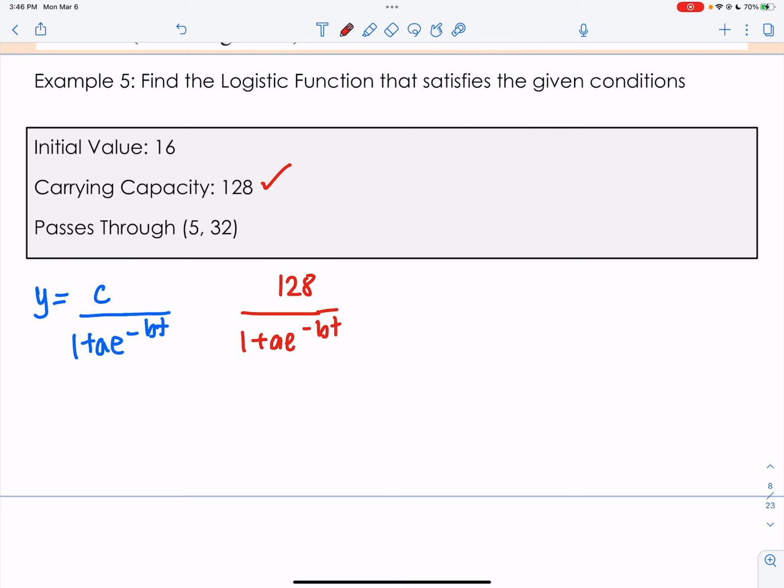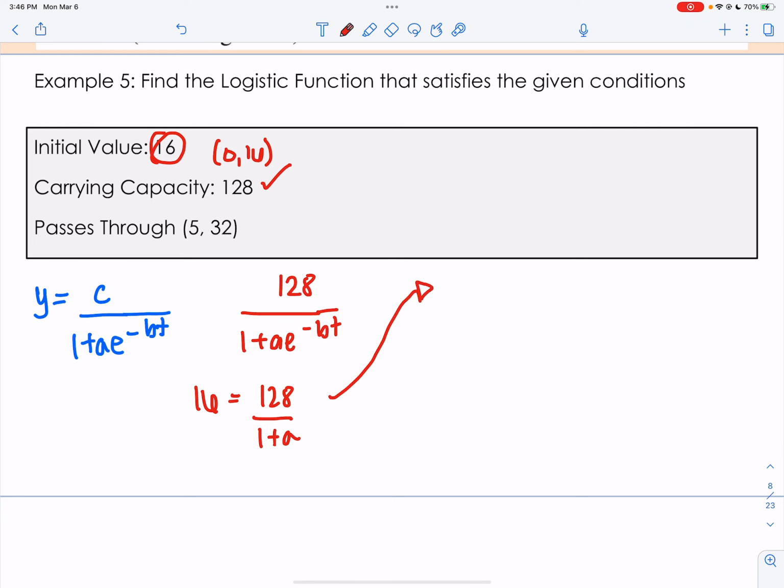So that works already. The next thing we are going to do now is find the initial value. That initial value is (0, 16). So I'm going to plug in 16 for y and then 0 for t. Well, if I plug in 0 for t, that e is going to be 1, so I'm only left with 128 over 1 plus a. Once again, I am going to flip-flop the 16 and the 1 plus a so that it makes it easier on us to figure out what that a value is.